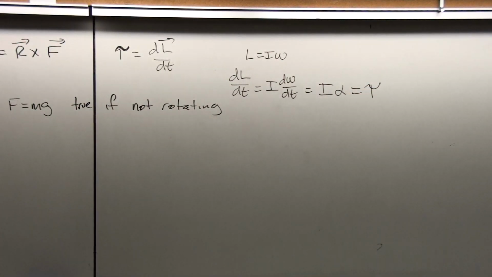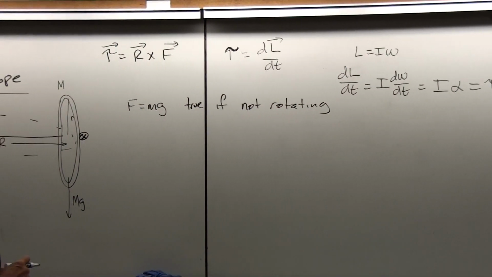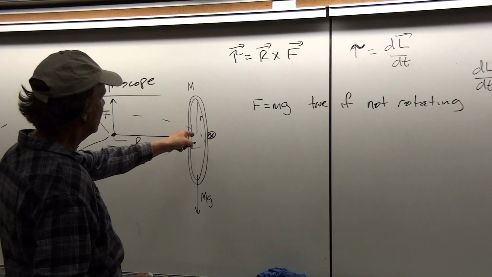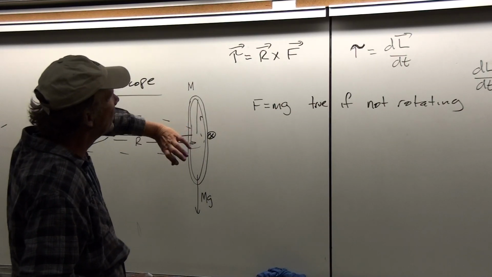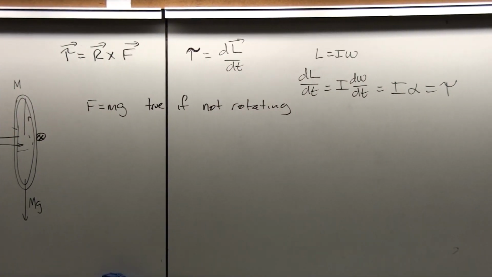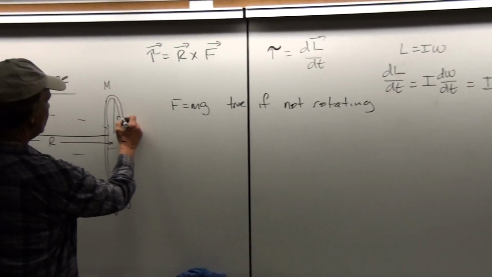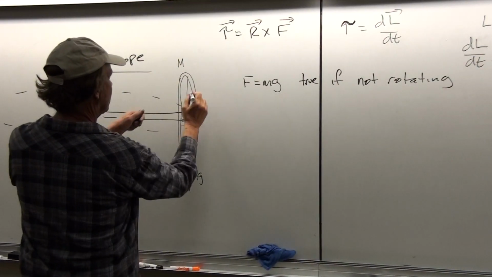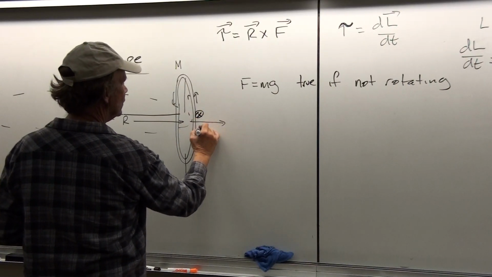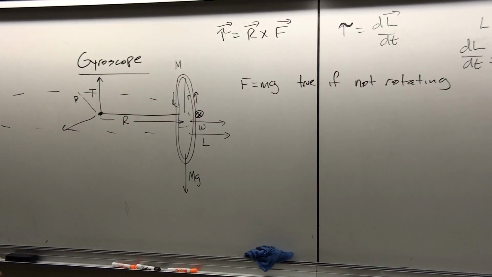Okay, so we do have a torque working here, and that torque is due to the object having a torque applied to it. But then the question is, how is that affected by the change in the angular momentum? Well, if we have the wheel rotating round and round like this, so on the back side it's coming up, on the front side it's coming down, then the direction of omega will be this way, and since L is equal to I omega, L is going to be in that direction.